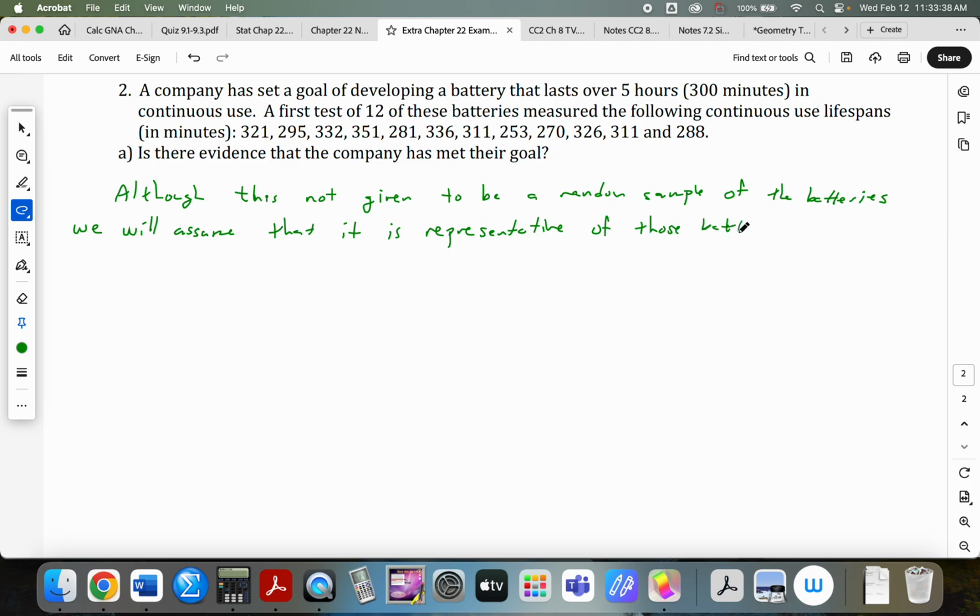So that's what we can say if it doesn't state that the thing is random. We can just say we'll assume it's representative. So basically what we're noting is that it doesn't say that it's random, but we're going to go, okay, we don't know for sure, but we're going to assume so we can go ahead and do the test.